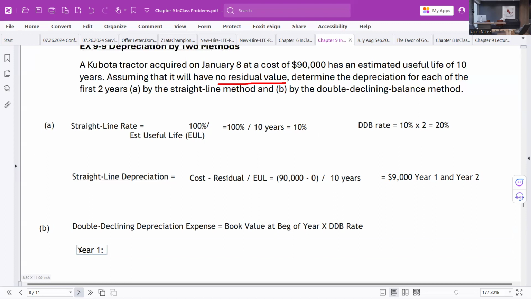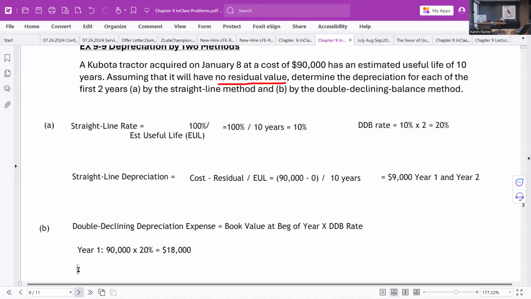In year one, the book value at the beginning of the year is just the cost of the asset, right? The cost of the asset, 90,000 times 20%, which is the DDB rate we determined up here. So the first year depreciation is 18,000. Again, it's the book value times the DDB rate.